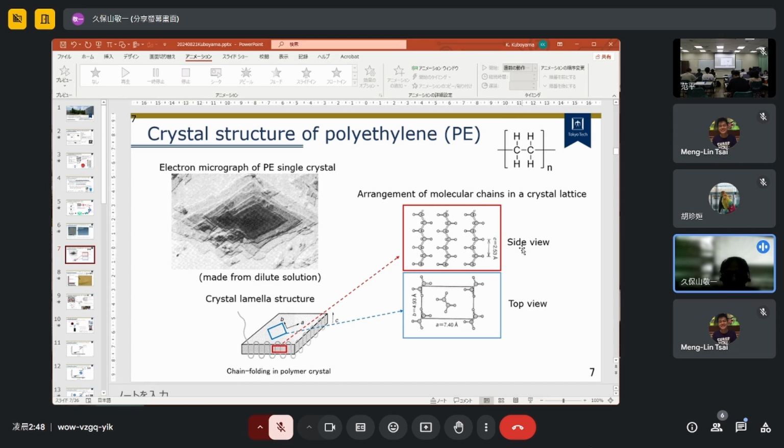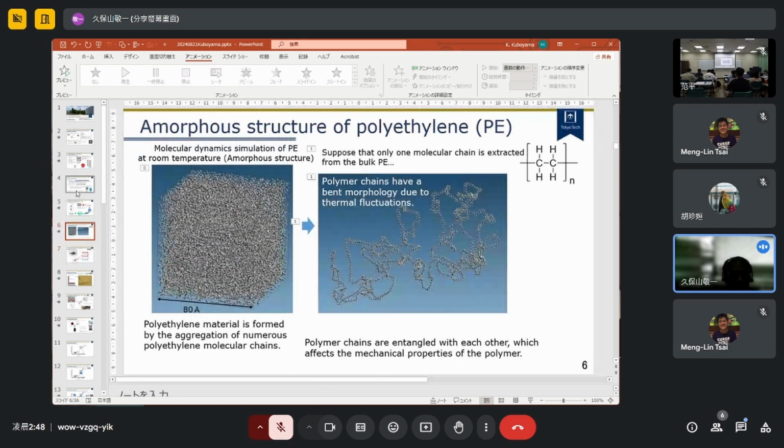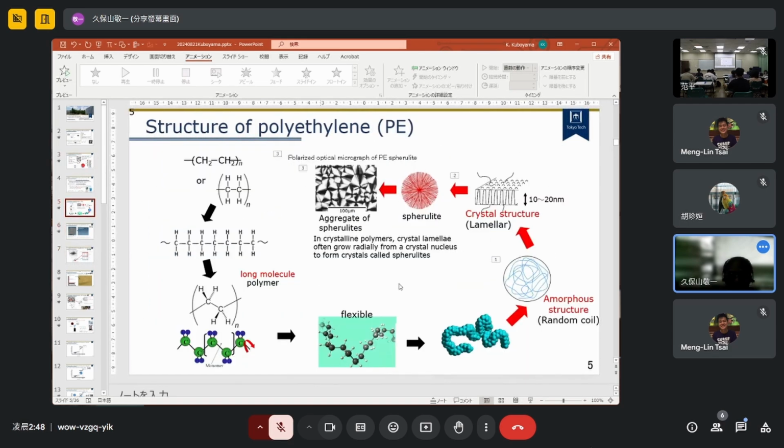From the side view, you can see the polymer molecules packed regularly, and from the top view, such a structure is formed. And as I told you previously, this crystal lamella can form the spheroid.